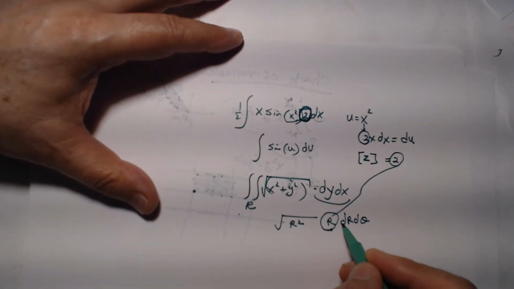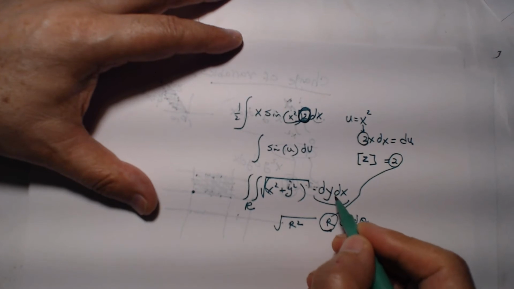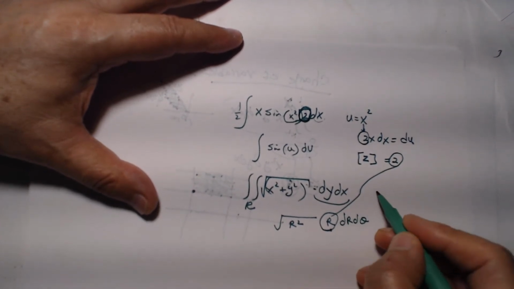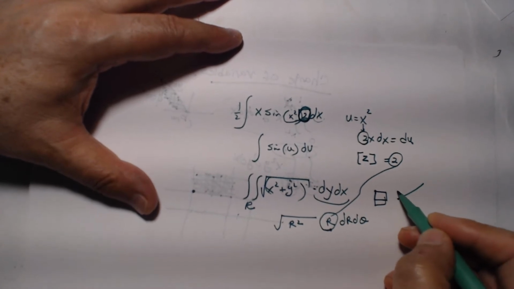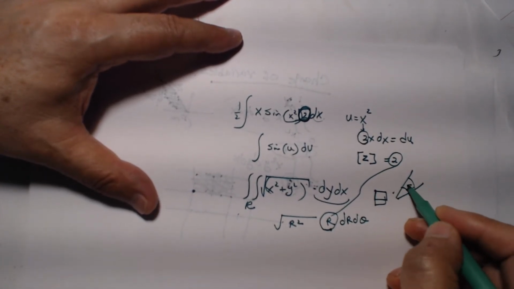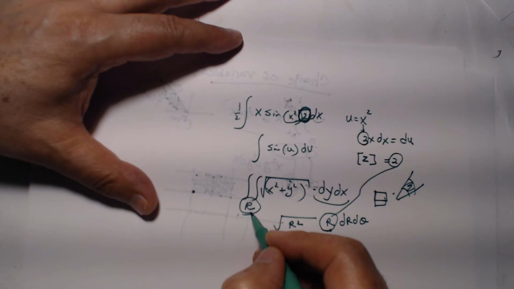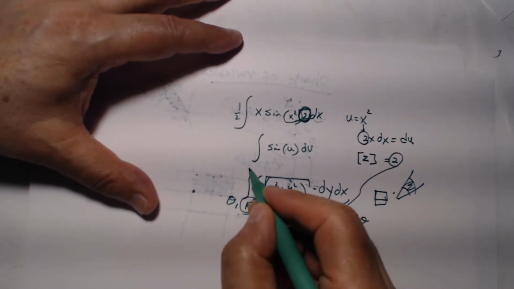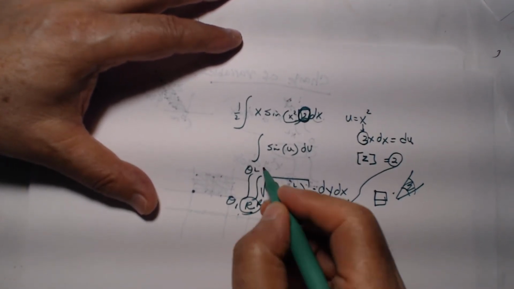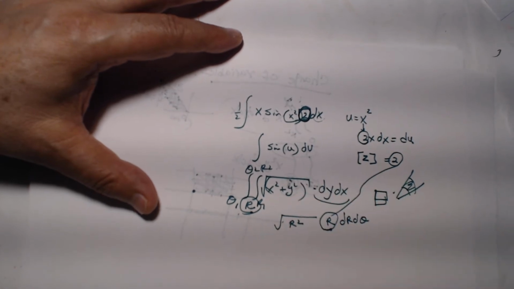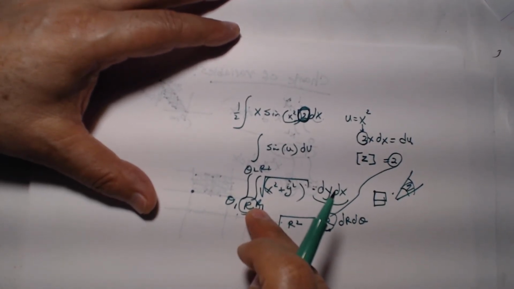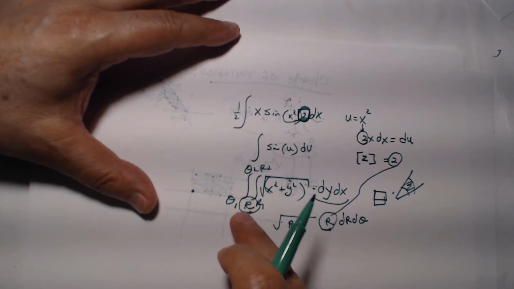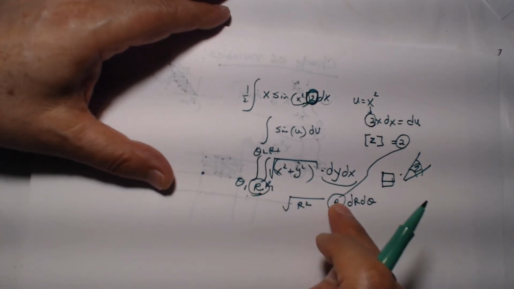Where did that r come from? A rectangle you change into a sector, and that region becomes circular, with theta 1, theta 2, R1 and R2. R1 and R2 is not a region, it is a radius. Let me tell you where that r came from.